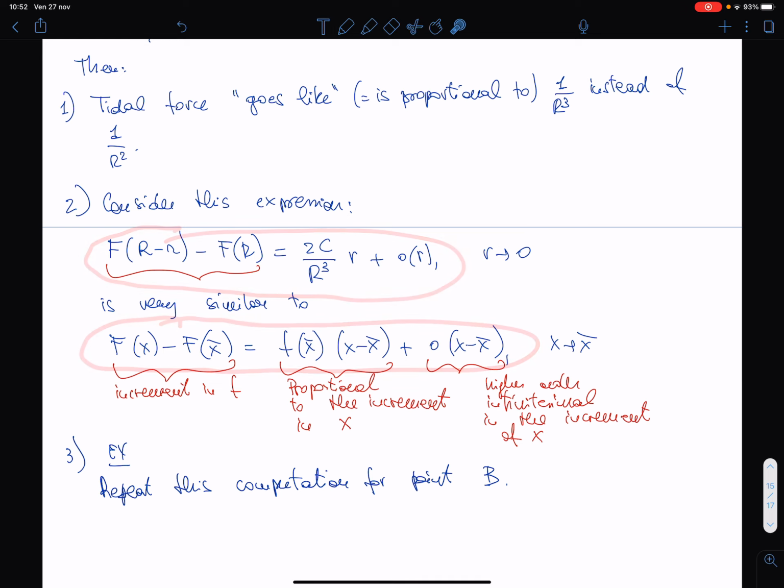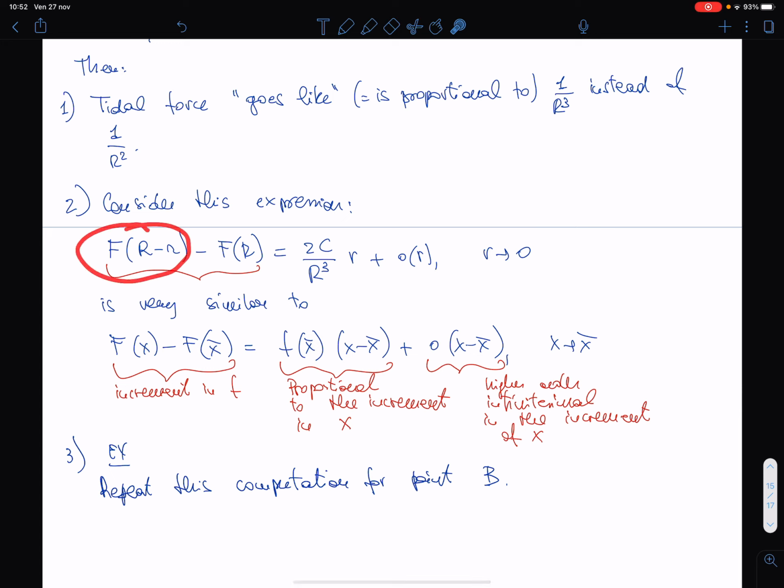Even though the problem was not to compute an area, the problem was somewhat the other way around. Starting from the knowledge of capital F, find small f. Capital F is the gravitational force, and small f is the tidal force.